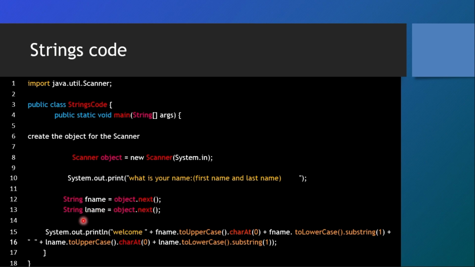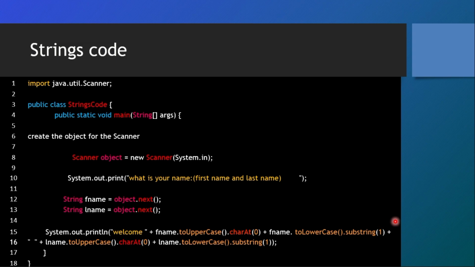With that said, we say System.out.println welcome fName.toUpperCase.charAt(0). With this method, we've said that on the first name, the first letter at index 0, we are going to put it to uppercase. So I've told the compiler, go to the first character of fName and turn it to uppercase.